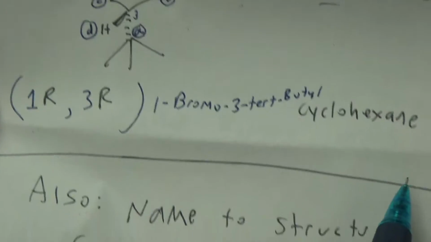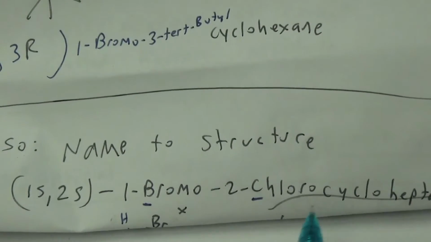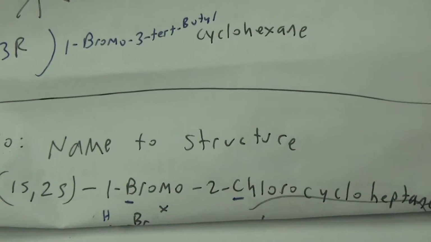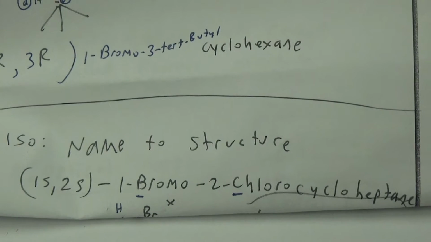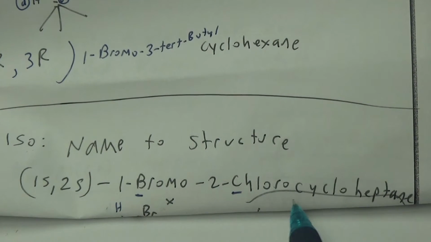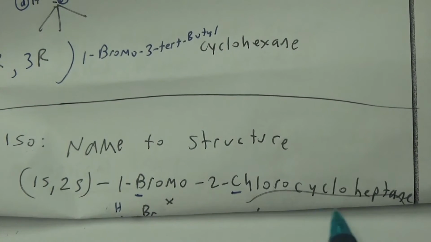The other thing we did last time was, how would you go from a name to a structure? I gave you this 1S, 2S, 1-bromo-2-chlorocycloheptane as an example.